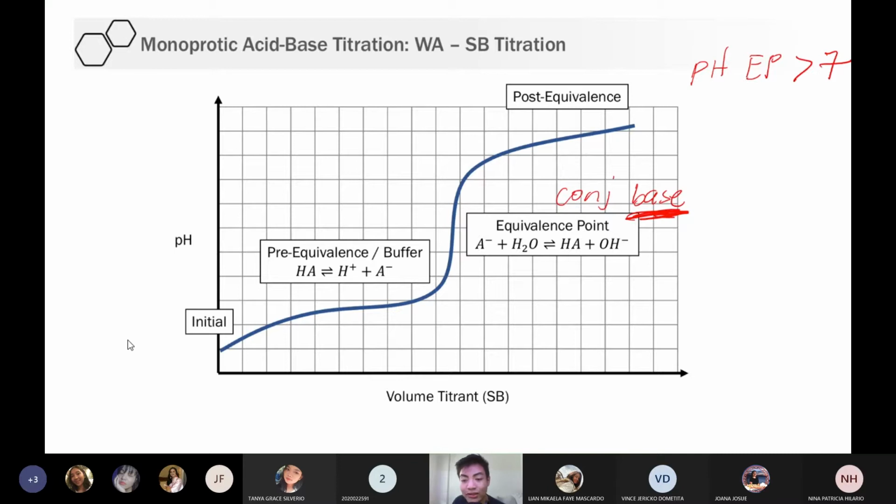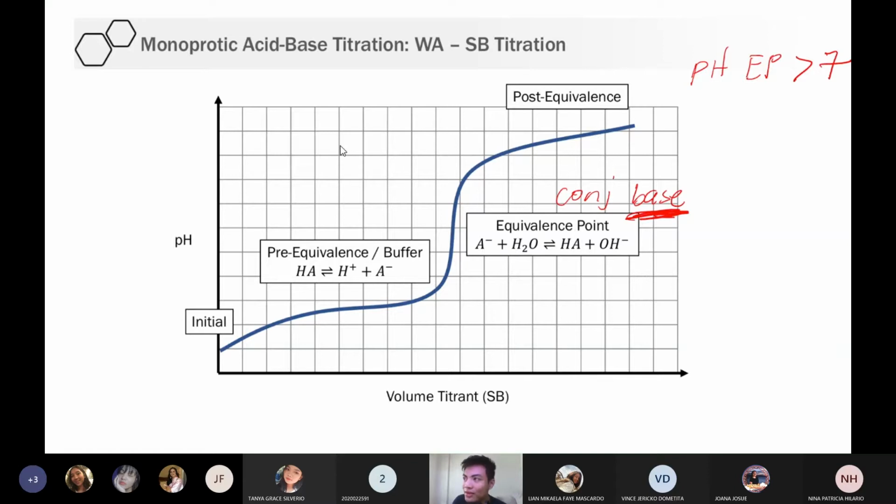Okay? Yun na yung hindi na siya automatic 7, baka ilagay nyo 7, no? Kasi sabi natin, ang nangyayari at equivalence point, may conjugate base tayo. From the word itself, base. Ibig sabihin, mataas yung pH. So, greater than 7 yun. Kasi at pH greater than 7, basic yung solution. And what we have here is a basic solution.